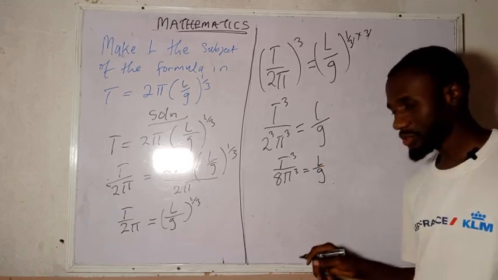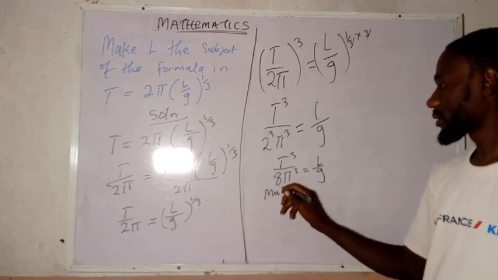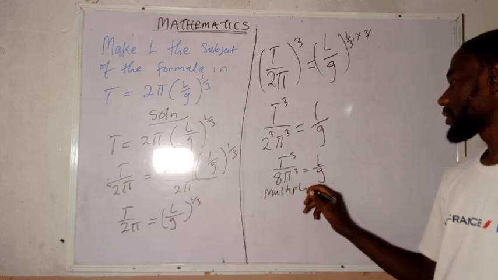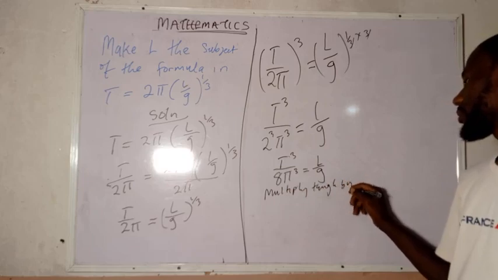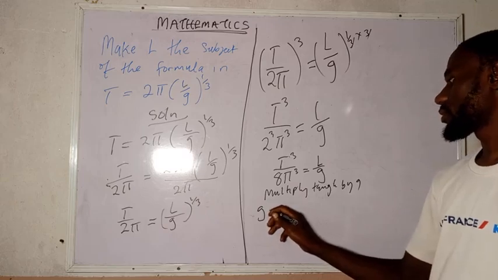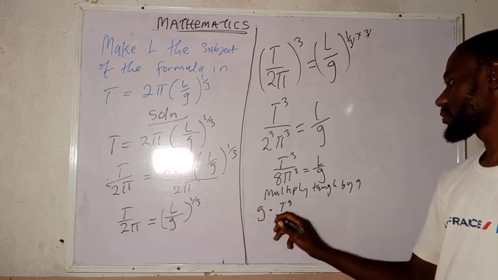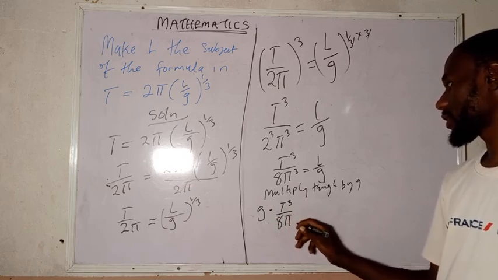Then now we multiply both sides by G. Let's multiply by G, where we have G multiplied by T cubed all over 8 pi cubed.